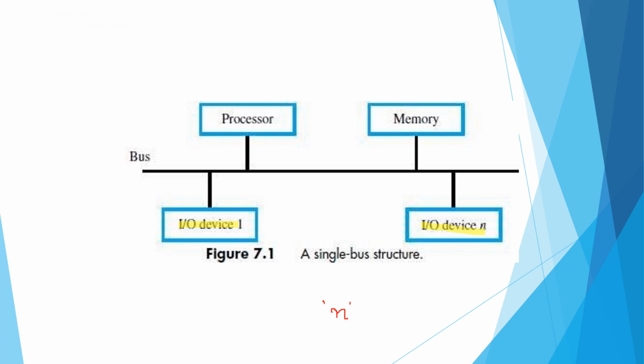The processor, memory and all the I/O devices are connected to the common bus, or single system bus. This bus consists of three sets of lines in order to carry the data, address, as well as control signals.